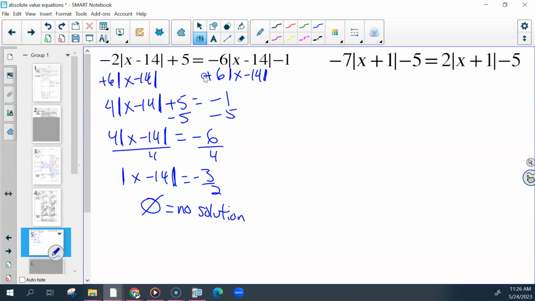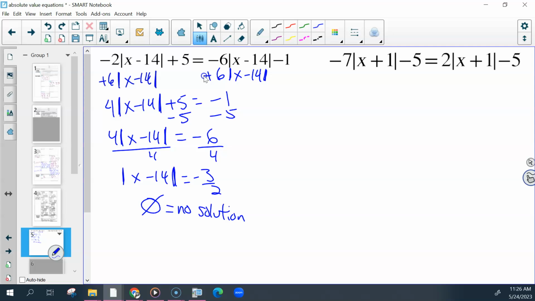Do we have any questions on that one before we try the next one? For the other example, same process. We're trying to combine this and this together. It does not matter how you do that.